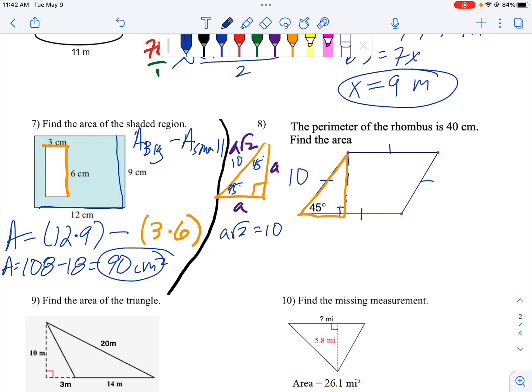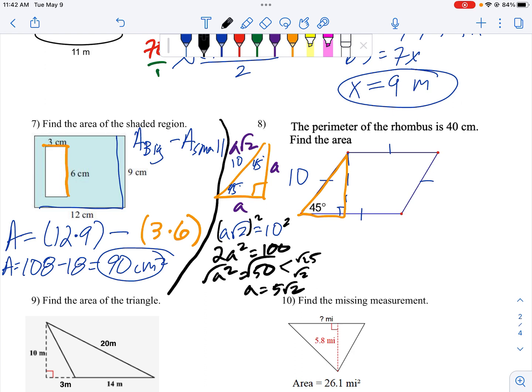I could do this two ways. I like to square both sides, so I'm going to square both sides. On the answer key, it's a little bit different. I think she's rationalizing on the answer key. That's all right. So this becomes 2a squared equals 100. This becomes a squared equals 50. Square root, and I get 25 and 2. So a equals 5 root 2. Makes this 5 root 2.